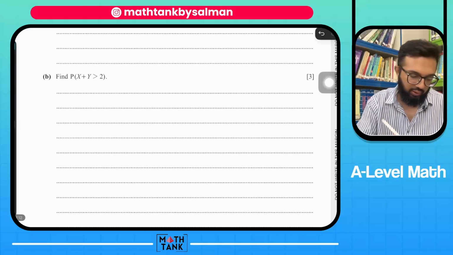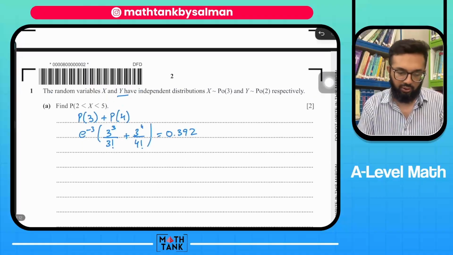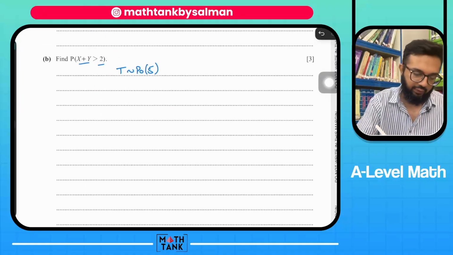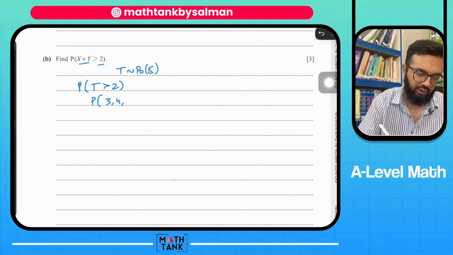Moving on. X plus Y. So I'm asking you to create a new Poisson distribution for the total, which is 5. So the probability of the total being greater than 2 is 1 minus the probability of 0, 1, 2. So I want 3, 4, 5, and so on.